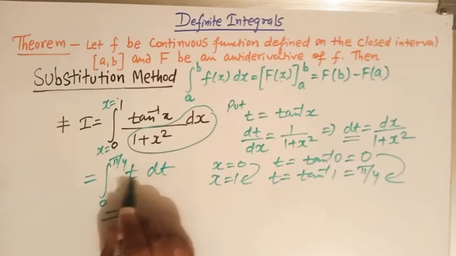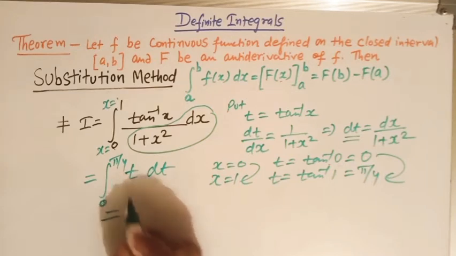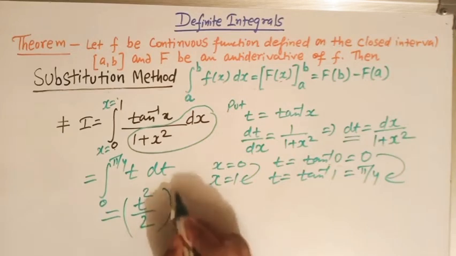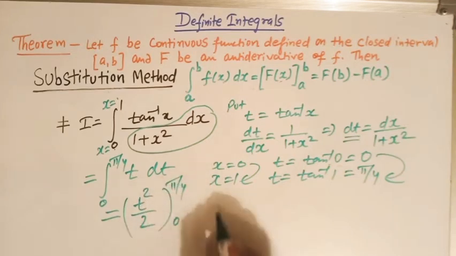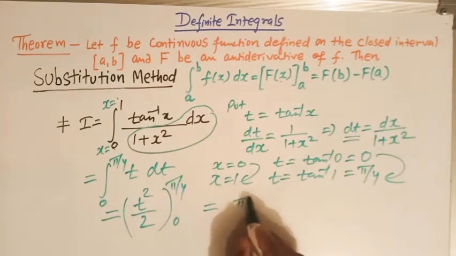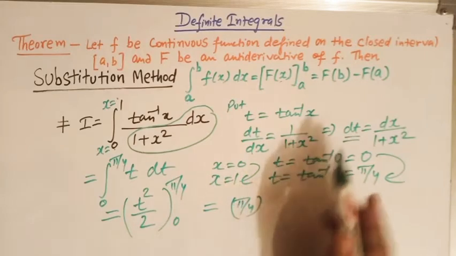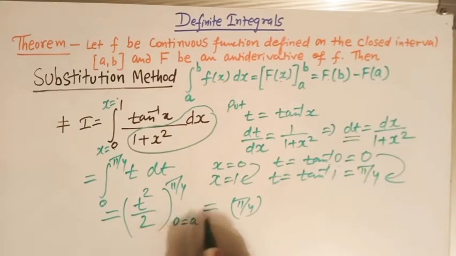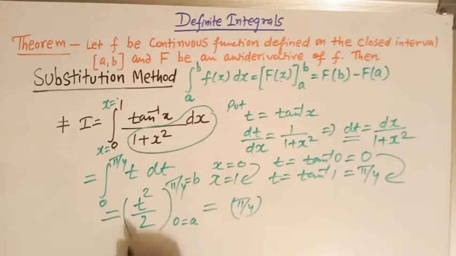So now this is quite easy. The integral of t is t square over 2, and we have the limit 0 to pi by 4. Now we have to find here F(b) minus F(a). So this is a, this is b, and this is f of x, that is f of t.